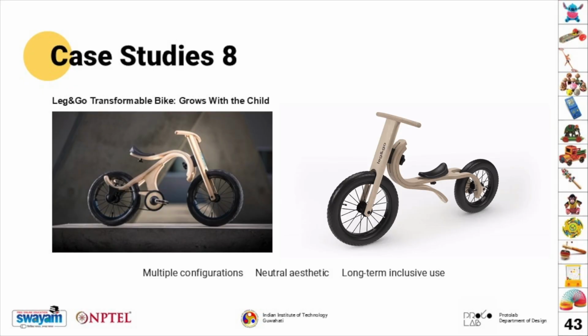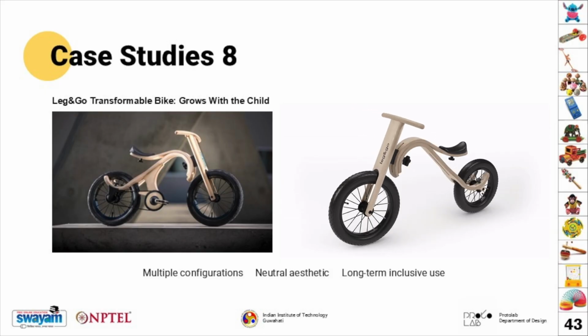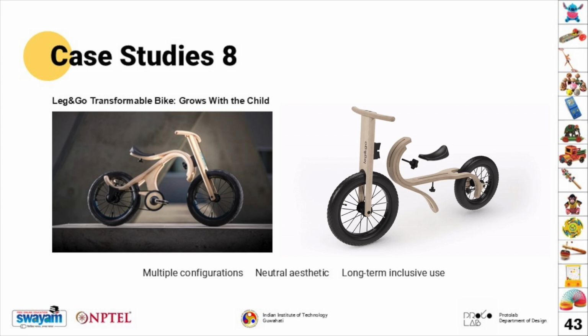Many toys exclude through age rather than ability. Children outgrow them quickly, requiring replacement. The transformable bike changes form as the child grows. It supports early balance training and later riding skills.